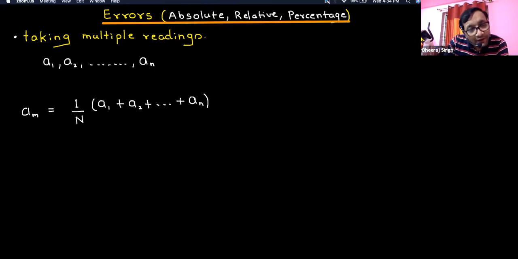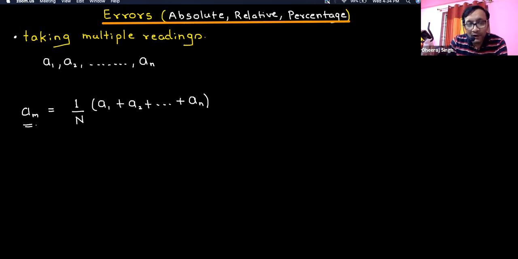Now, if this is my true value and you ask me to quantify the error here, the sources of random error can be many. You cannot just say that the least count error is my maximum error. Random error can come from anything. It is so random. So you should not calculate the random error from here and there. Rather than that, we will find the random error in this way.